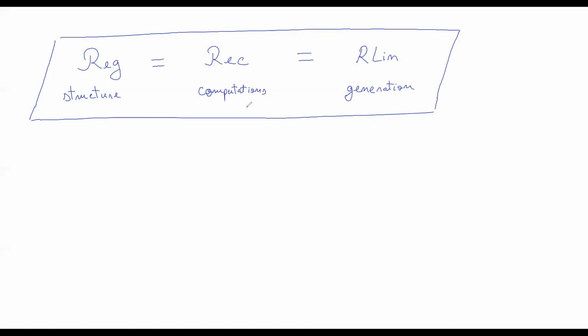But at the end of the day, the final result that everything led to is really on this whiteboard. Regular languages, recognizable languages, and right linear grammars and languages, they are really the same concept at the end of the day.